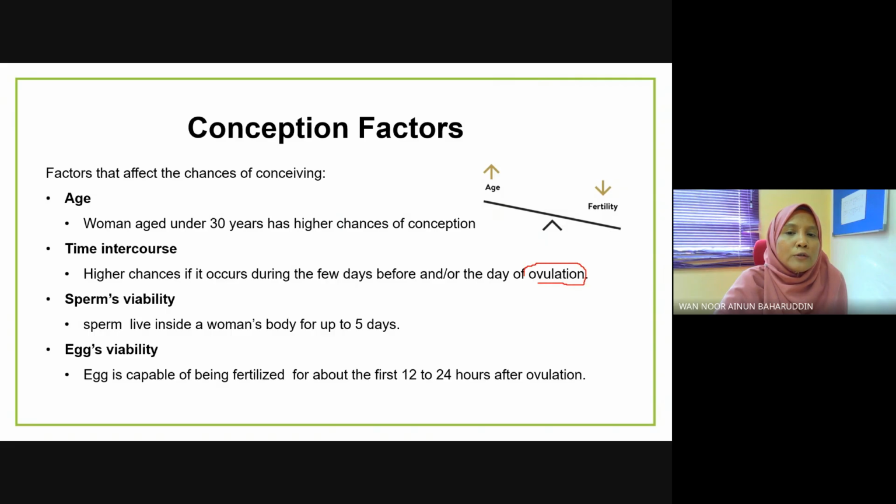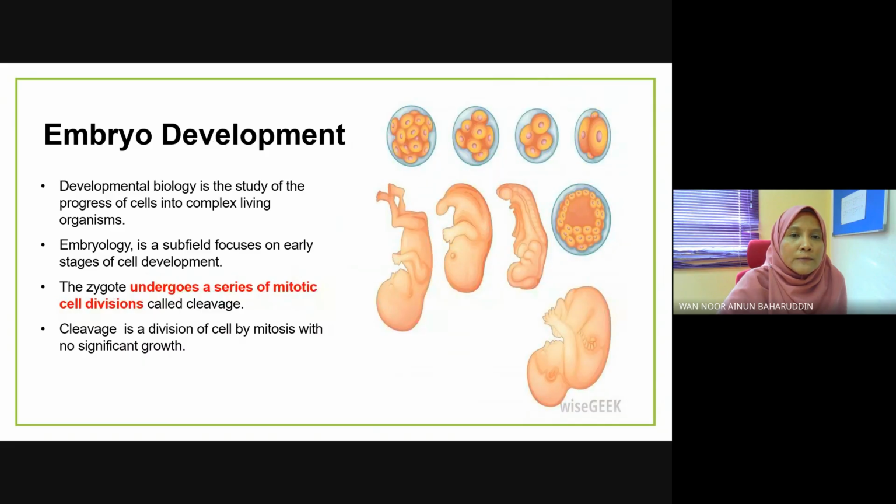So you should know that on the day of ovulation, the chances to get pregnant are higher. Then the sperm's viability, the sperm lives inside the woman's body for up to 5 days, and the egg's viability, the egg is capable of being fertilized for about 12 to 24 hours after ovulation.